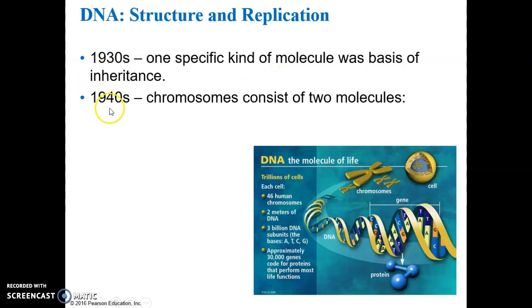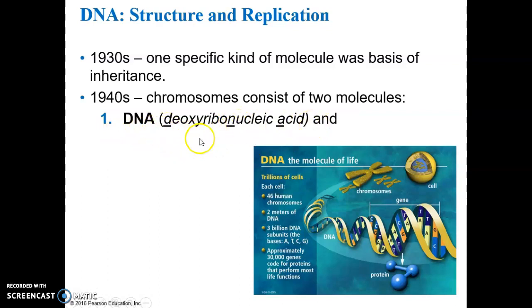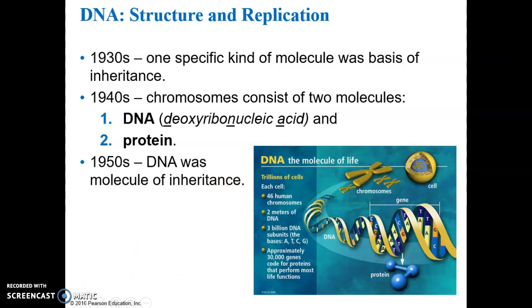In the 1940s, more research showed that chromosomes consisted of two types of molecules: DNA, deoxyribonucleic acid, there's the D and the N and the A, and proteins. So it was becoming clear that possibly DNA was the molecule of inheritance, and that was really verified in the 1950s with further experimentation.